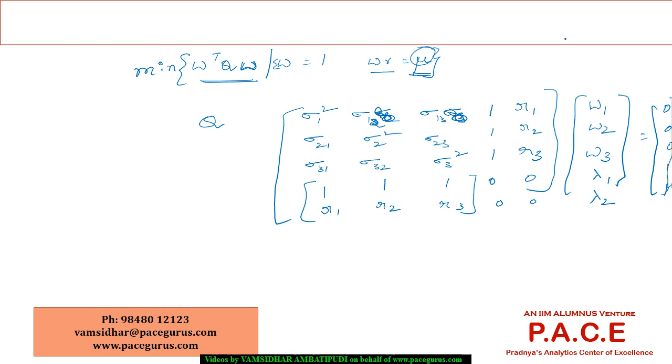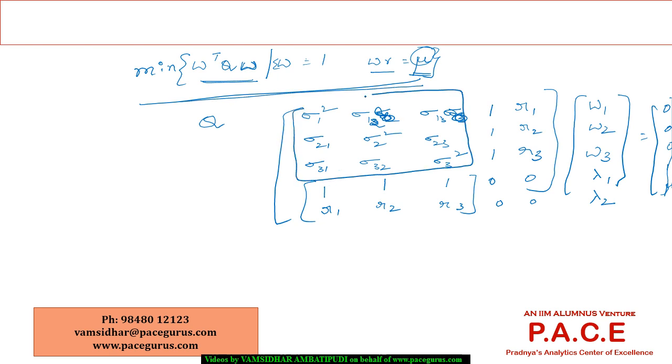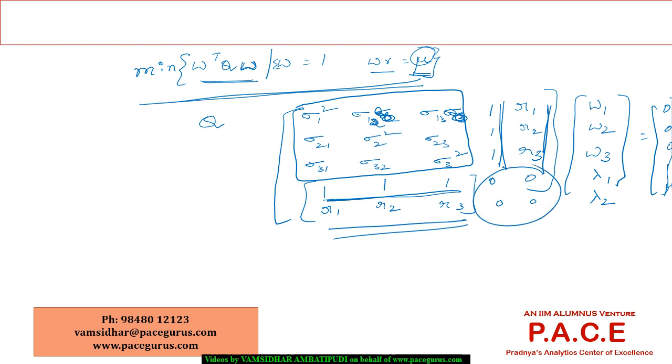This is the Lagrange's model to model this kind of a situation, which means initially you will have a covariance matrix, then depending on the number of assets you have the ones in the next row and in the next column, then you have the returns in the next row and in the next column, followed by zeros to fill up the matrix.